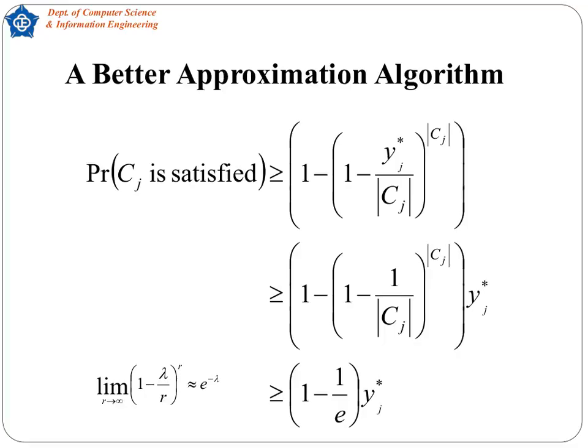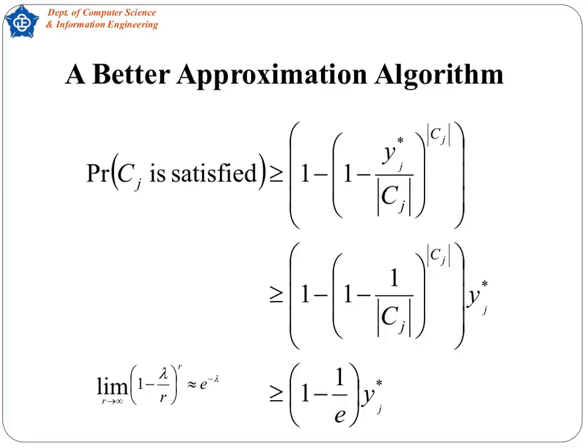Plugging in the total fractional weight y* spread evenly over these items gives us Pr[C is satisfied] is greater than or equal to 1 - (1 - y*/C)^C. Next, since y* is less than or equal to 1, we can simplify the base to 1 - 1/C and raise it to the exponent y*, yielding Pr[C is satisfied] is greater than or equal to 1 - (1 - 1/C)^y*.